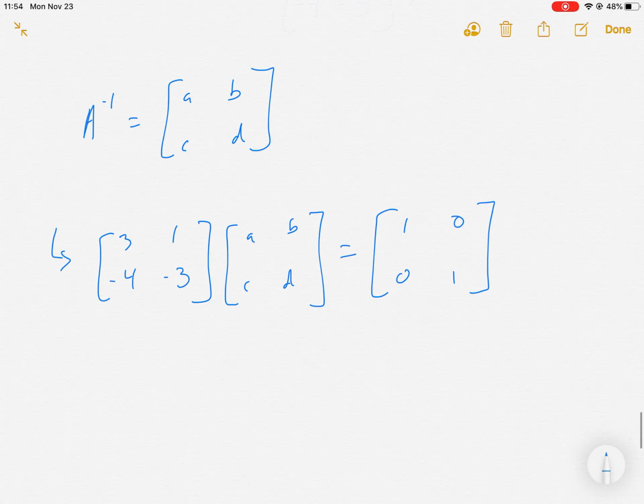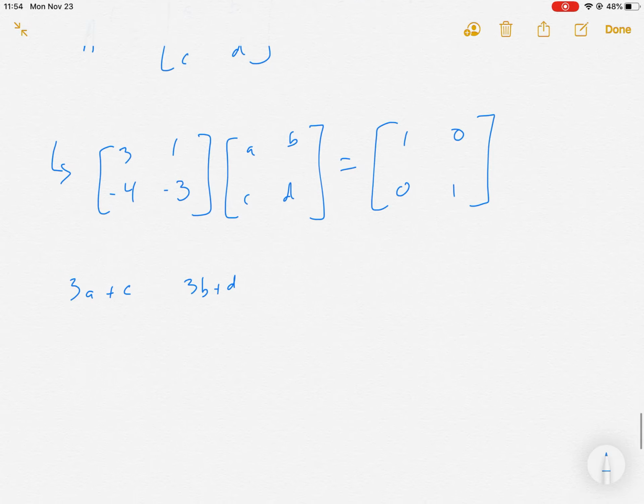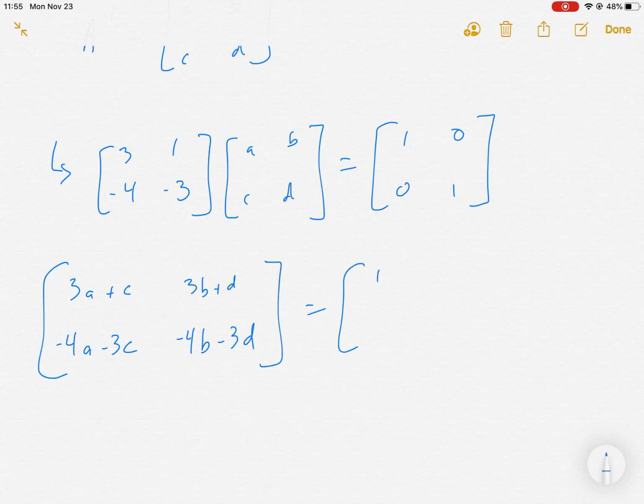Easy enough. So now you start multiplying and you get that 3A plus 1C is the first spot, 3B plus 1D is in the second spot, -4A minus 3C, -4B minus 3D. That's the left-hand side, and all of this has to equal 1, 0, 0, 1.